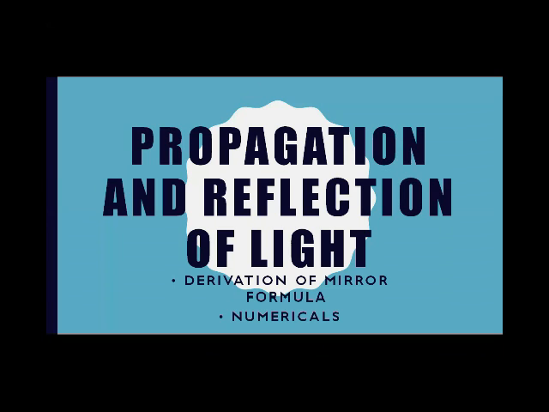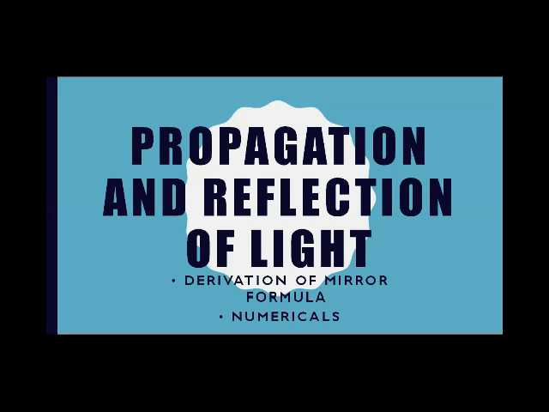If the image is virtual, keep in mind, q will always be negative, while its focal length will also be negative. Again, I'm repeating: the focal length of the convex mirror will be negative.